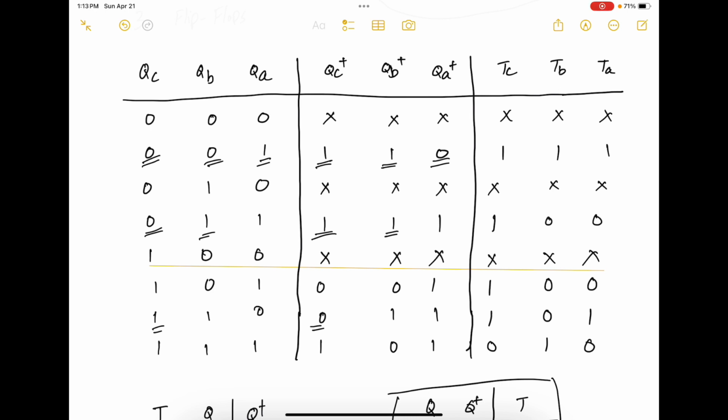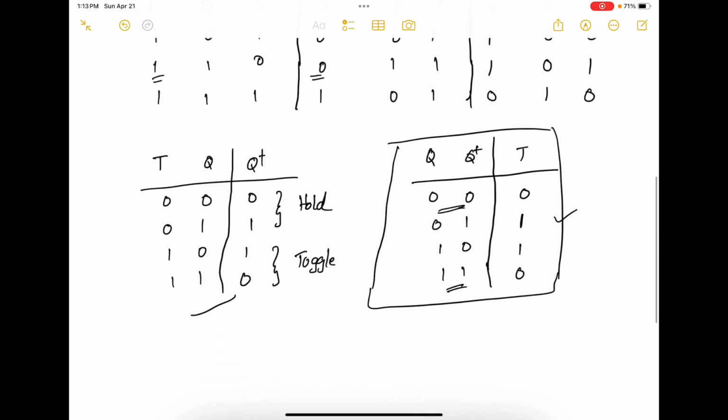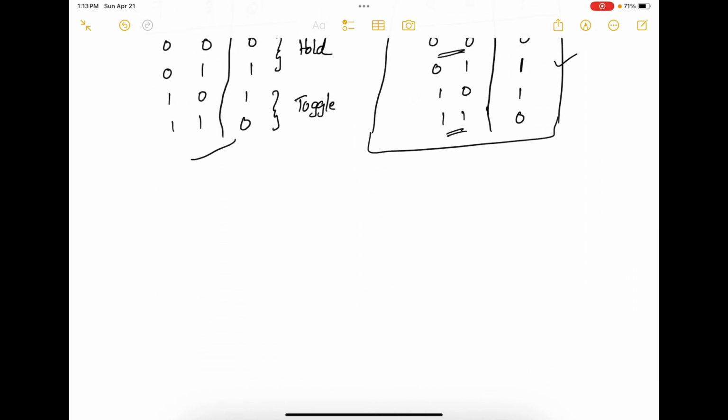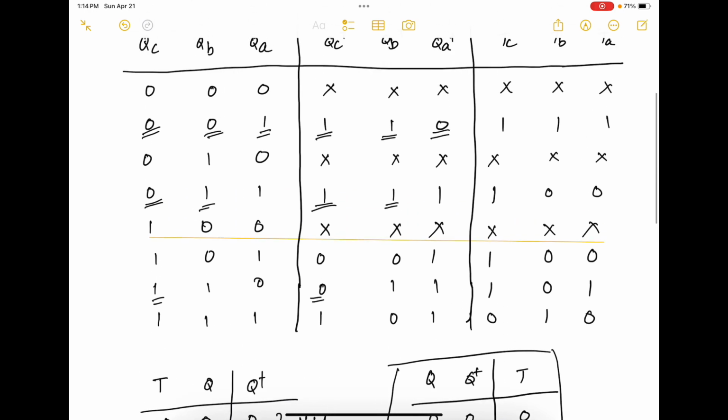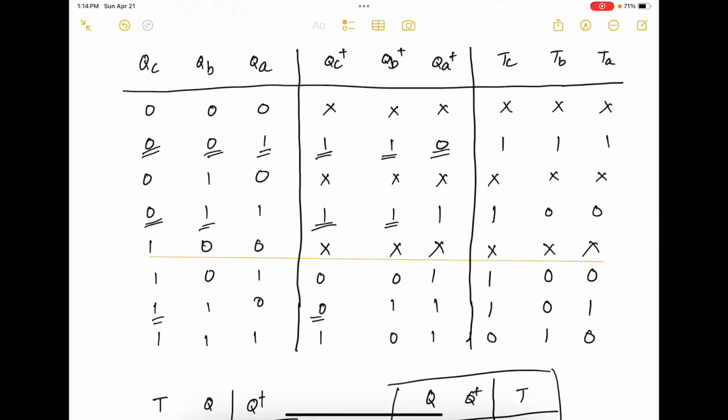Now from the excitation table, you can find the equations for TC, TB, and TA. So for TC, construct the K-map. Your K-map will be in terms of QC, QB, and QA. 0, 1, 0, 0, 0, 1, 1, 1, 1, 0. So TC would be asserted when QC is 0, QB is 0, and QA is 1.